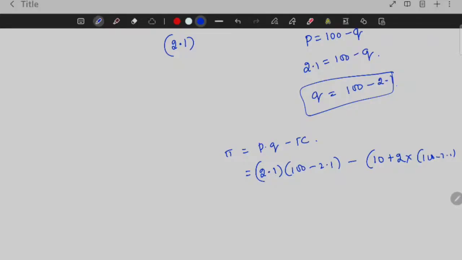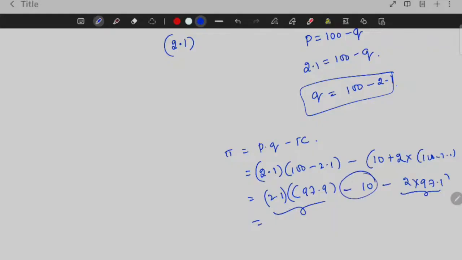So this is 2.1 into 97.9, minus 10, minus 2 into 97.9. Now try to find this one. What is the difference between this and this? If it is greater, you get what? Let's just find.